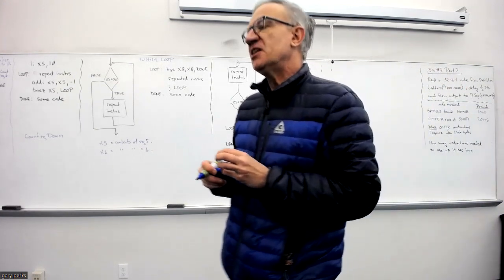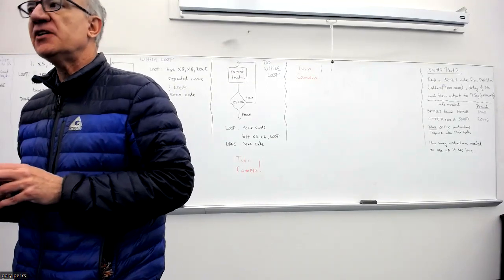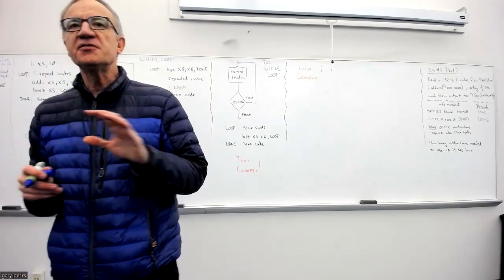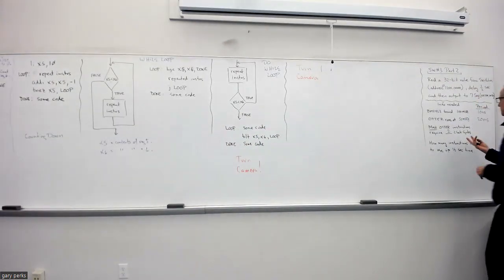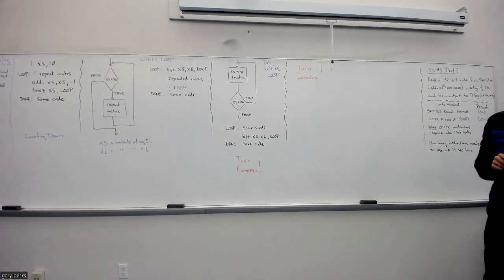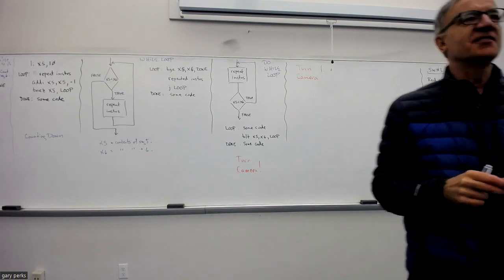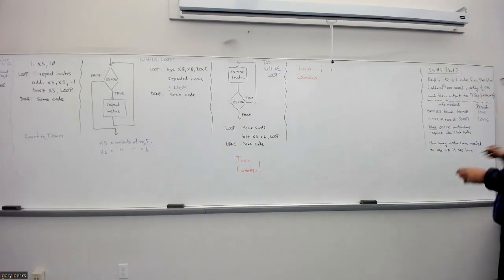I say most because there are some OTTER instructions that require 3 clock cycles, but most of them require 2. So if it takes 2 clock cycles and the OTTER is running at 50 megahertz, which has a period of 20 nanoseconds, how long does it take for an instruction to be processed? 40. Right, 40.